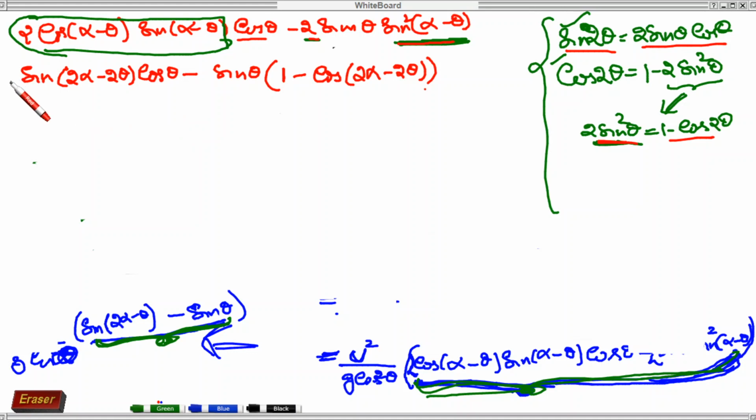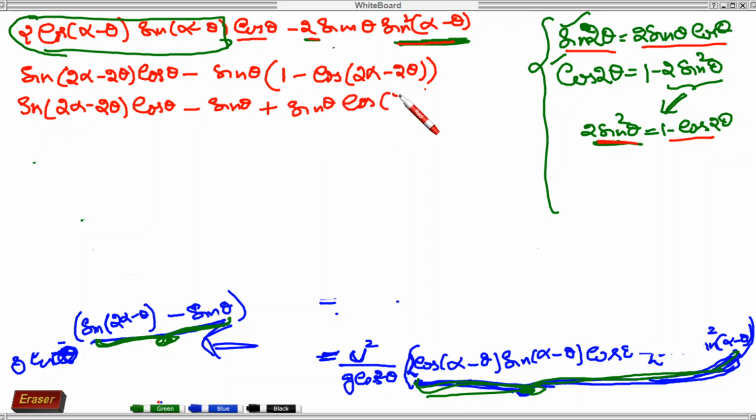So the equation becomes sine of 2 alpha minus 2 theta cos theta minus sine theta plus sine theta cos 2 alpha minus 2 theta.